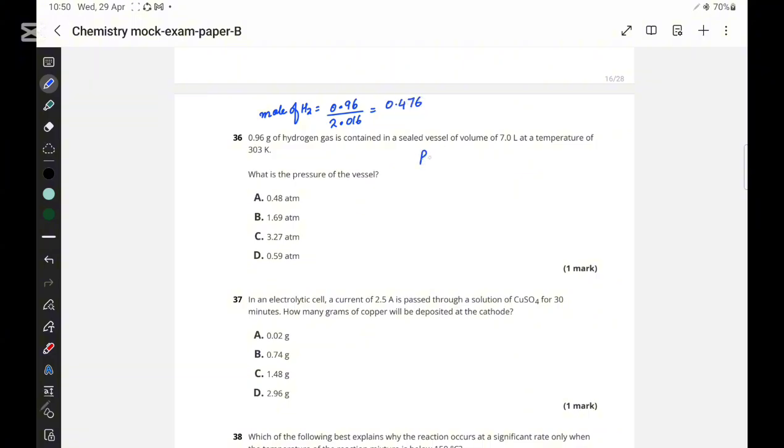Finding pressure: nRT divided by V. n is 0.476, R is 0.08206 times 303, which is temperature, and volume comes out to be 7 liter, so it comes out to be 1.69 atm. So our answer is B.